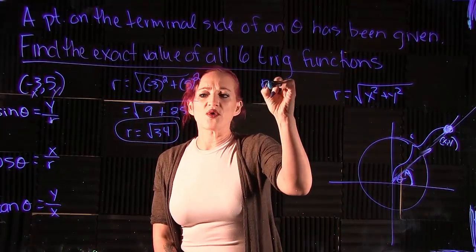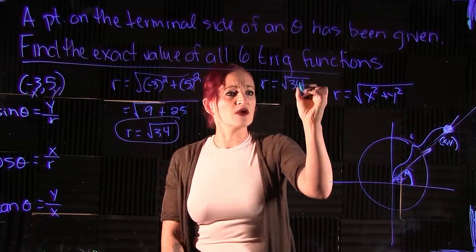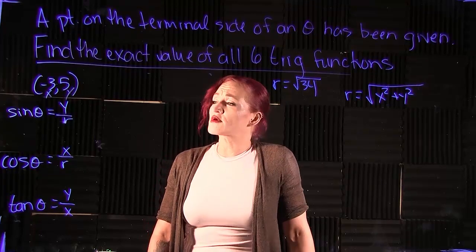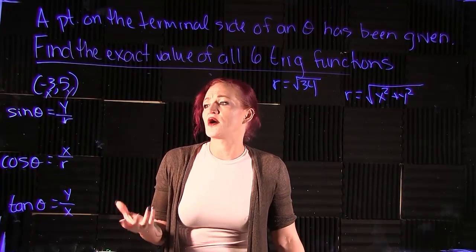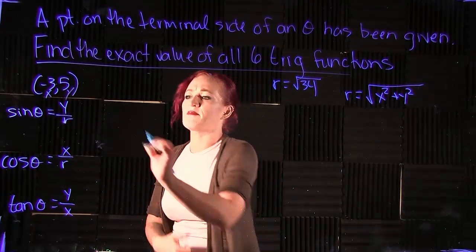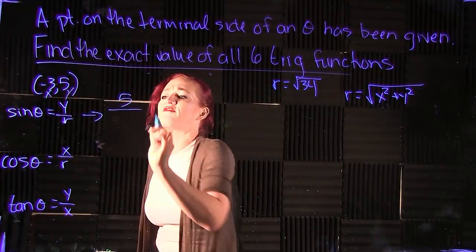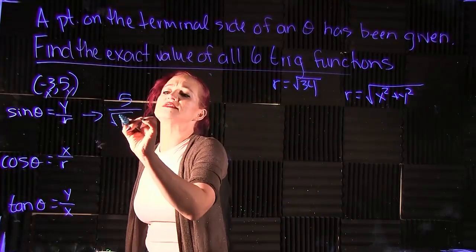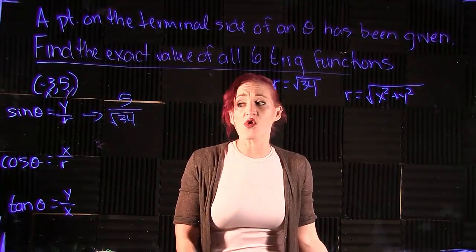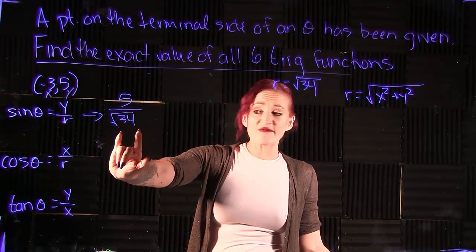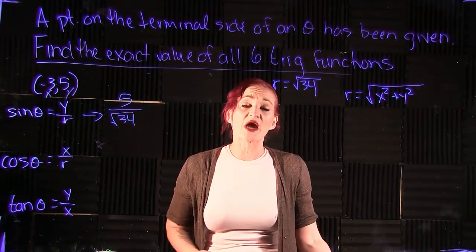I'm going to add that in up here so that I have room to work our problems. Then in order to find sine, we take y and divide it by our r. For our given example, our y is 5 and our r is the square root of 34, so it's 5 over the square root of 34. Keep in mind, anytime you have a radical in the denominator, you need to rationalize the denominator.